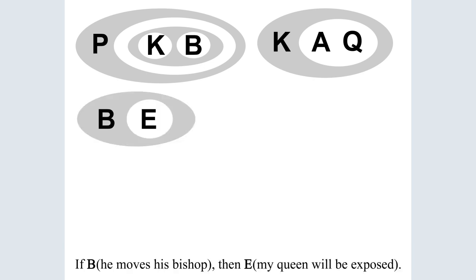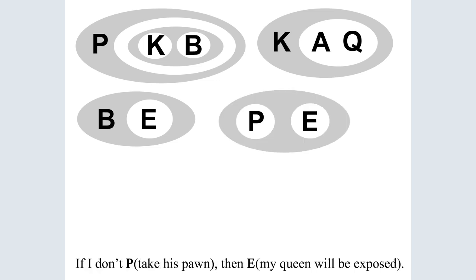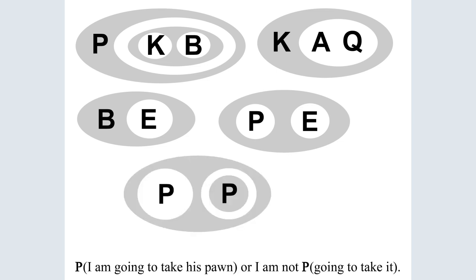Third premise. If he moves his bishop, then my queen will be exposed. If B, then E. If I don't take his pawn, then my queen will be exposed. So if not P, then E. I am going to take his pawn or I am not going to take it.